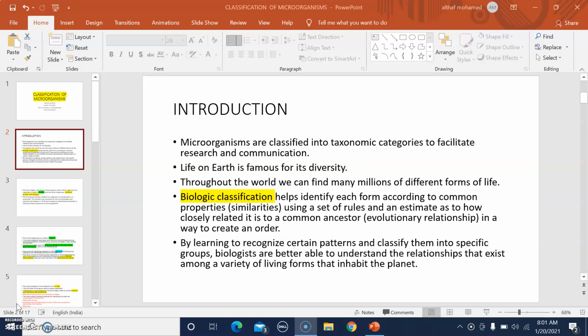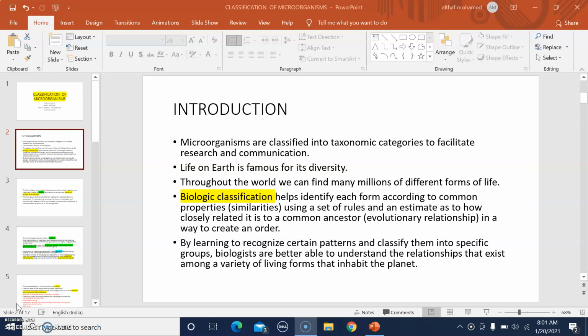Life on the earth is famous for its diversity, meaning it has different types of forms. Microorganisms are not available in only a single form; they can be available in various different forms. Throughout the world, we can find millions and millions of different forms of life.